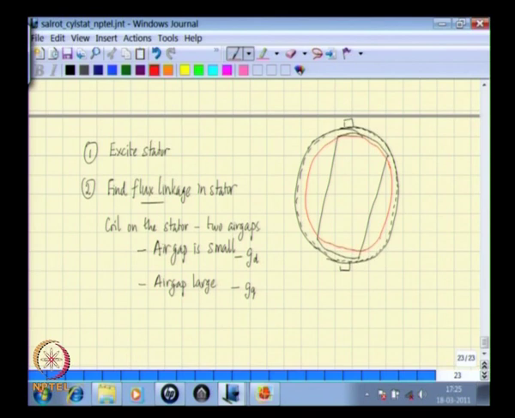Now, this has an effective air gap which is GD, and then there is another rotor inside the machine which is also cylindrical and has another air gap GQ. Now, the net response of the flux is the response produced due to both these rotors having an air gap GD and GQ.